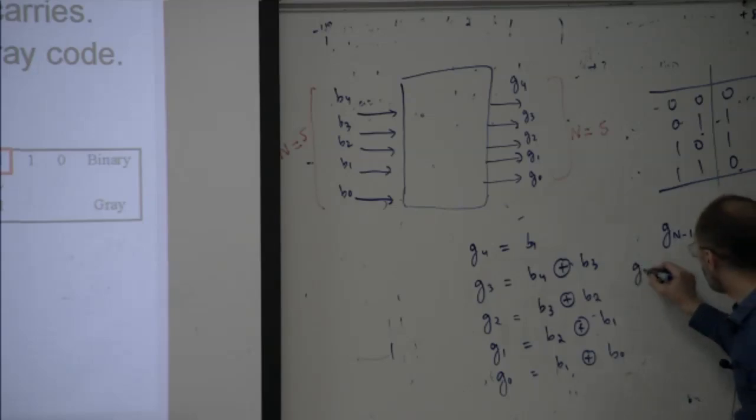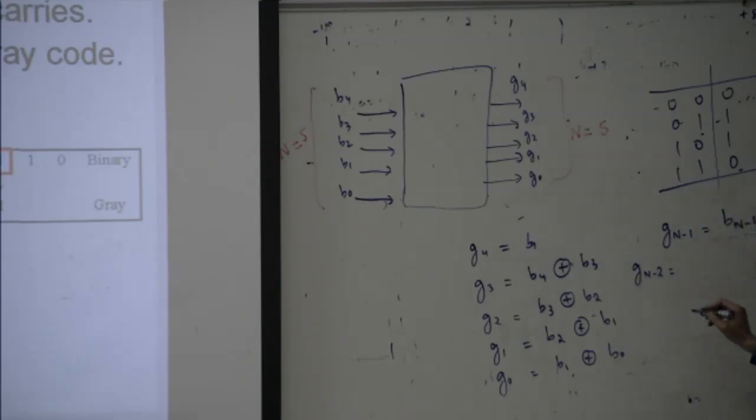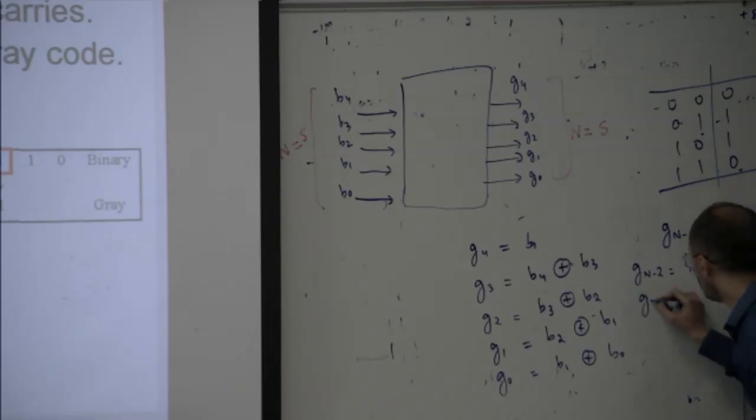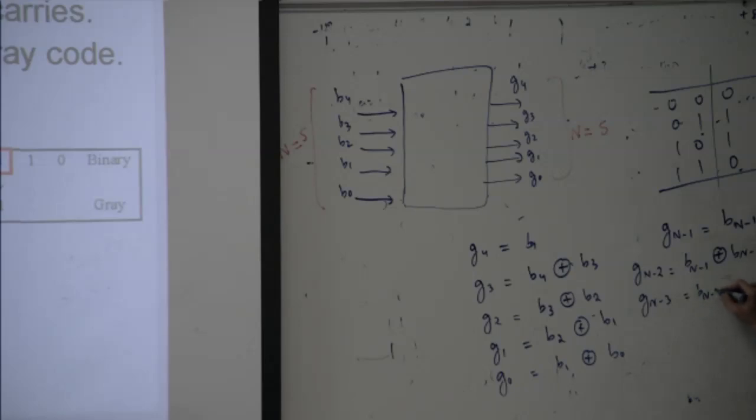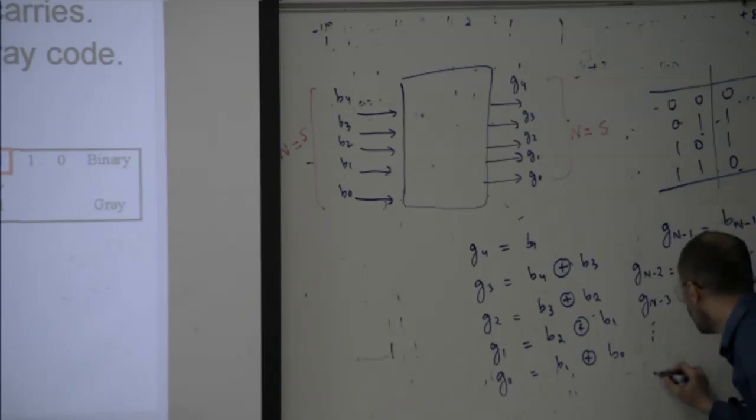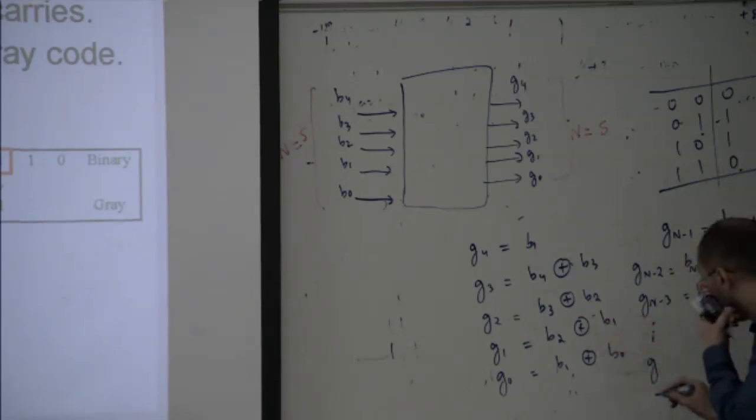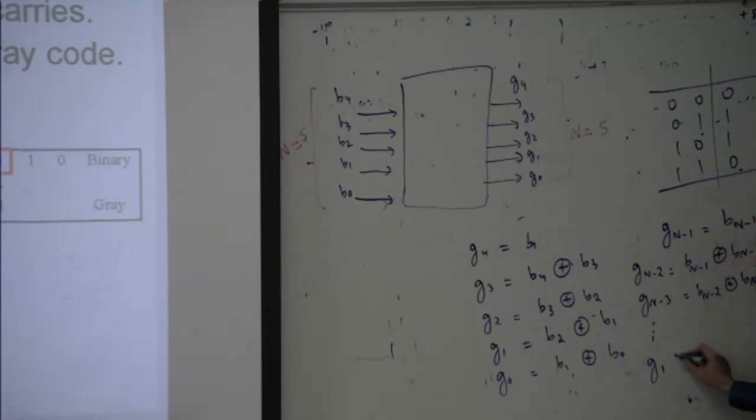Okay, now what is G(n-2)? B(n-1) exclusive OR B(n-2), and so on, until we want to calculate G1. G1 is equal to B2 exclusive OR B1, and G0 is equal to B1 exclusive OR B0.